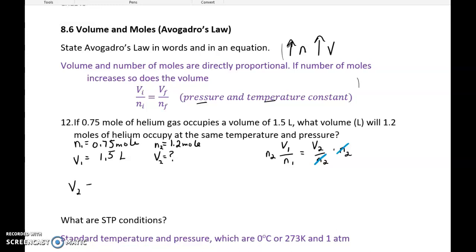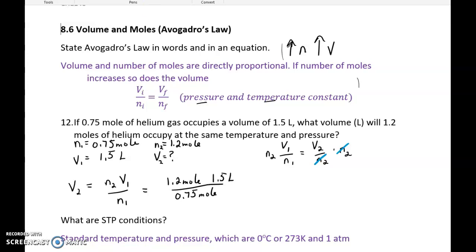V2 is going to be equal to N2 times V1 divided by N1. And N2 is 1.2 moles. V1 is 1.5 liters. And N1 was 0.75 moles.